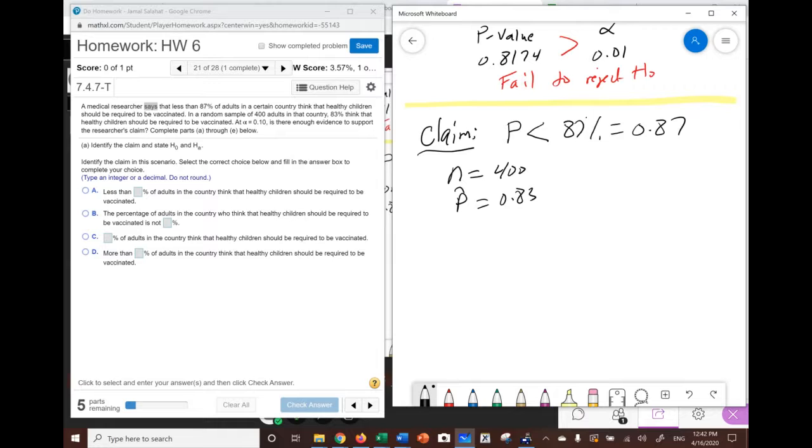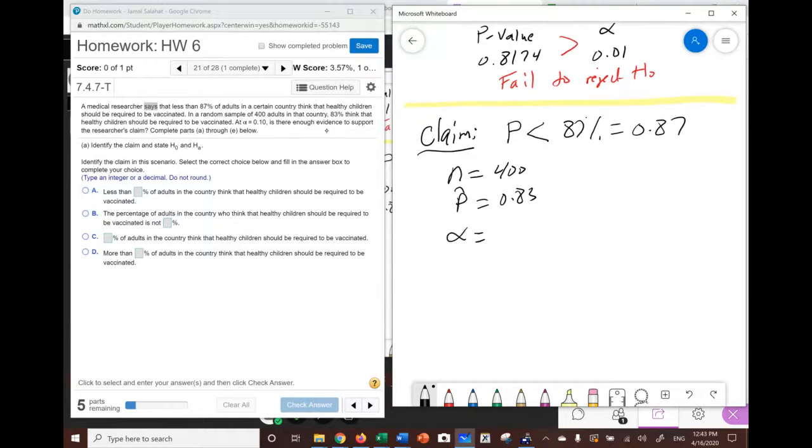Let me repeat the problem. A researcher says that less than 87% of adults in a certain country think that healthy children should be required to be vaccinated. In a random sample of 400 adults in that country, 83% think that healthy children should be required to be vaccinated. Okay, so the p hat is 83%.